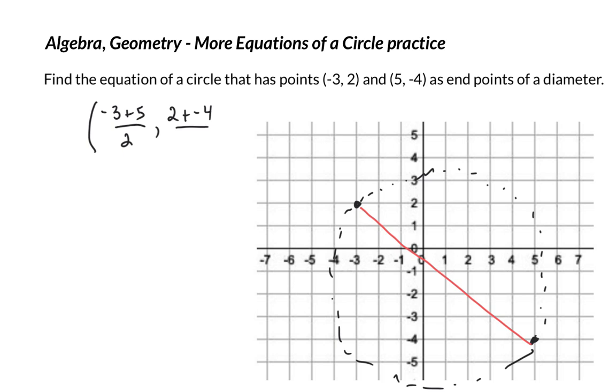Just add them up, divide by 2. So -3 plus 5 is 2, and 2 divided by 2 is 1. 2 plus -4 is -2, and -2 divided by 2 is -1. So right here, even despite my kind of poor drawing, that is the center of my circle.